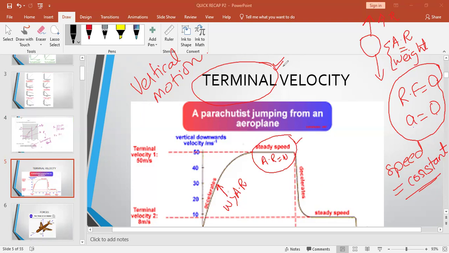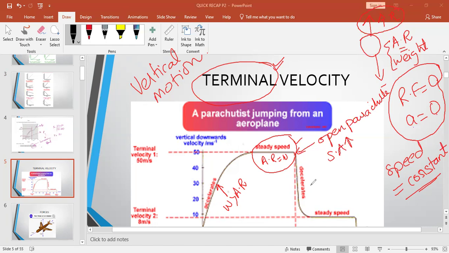Clear? Yes. Okay. Then at this point, he will open his parachute. When he opens his parachute, what will happen? The surface area of the parachute increases, due to which the air resistance suddenly increases. That means the upward force increases. So he will start moving upward instead of downwards.